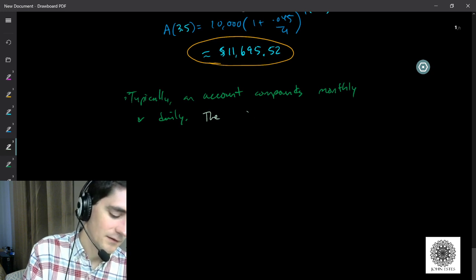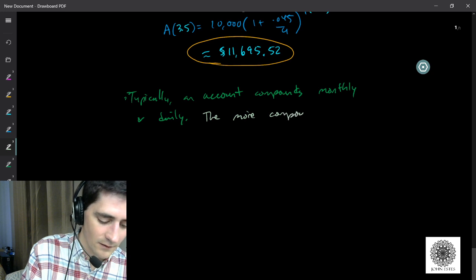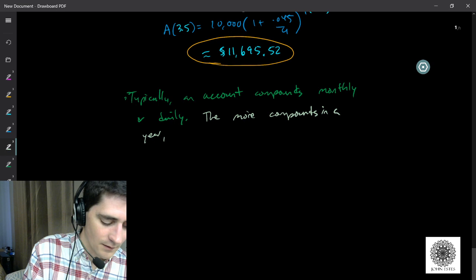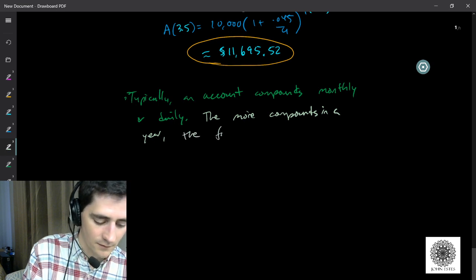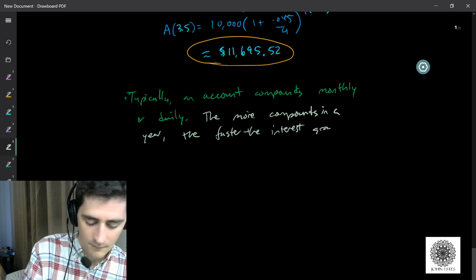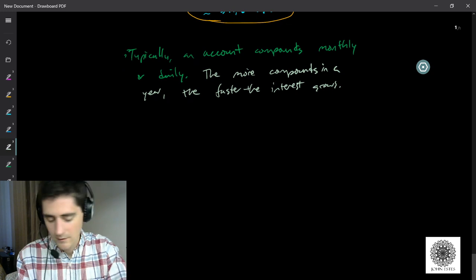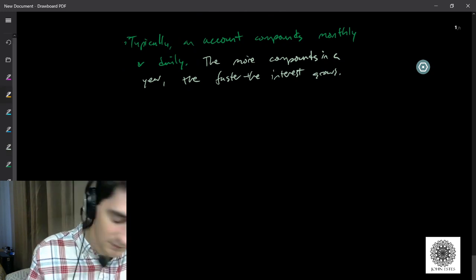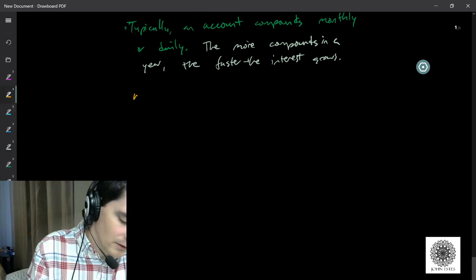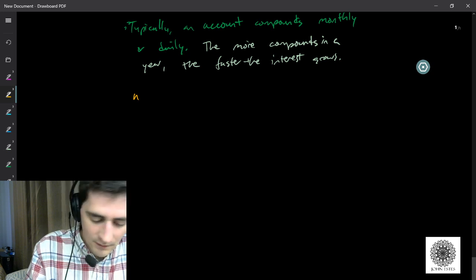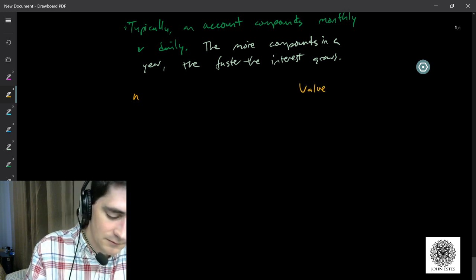Oh, let me say this. I think it's better to say the more compounds in a year, the faster the interest grows. Okay, so the book has an example. Let me do this table. It's pretty neat. So here we're going to have n, and here's where we're going to have value after 1 year.